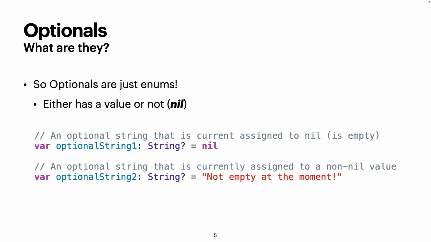So as you can see here, there's again just two cases. An optional of a type has a value or it doesn't, and we represent this doesn't with a nil. So to declare an optional, you append a question mark after the type declaration.